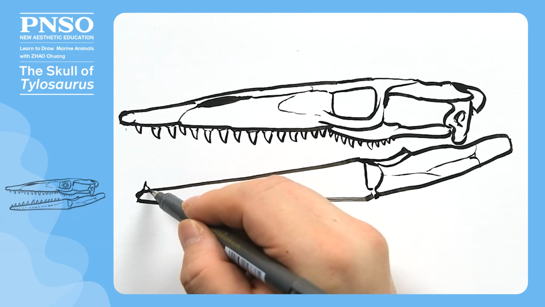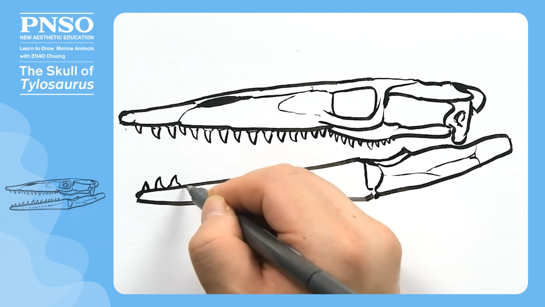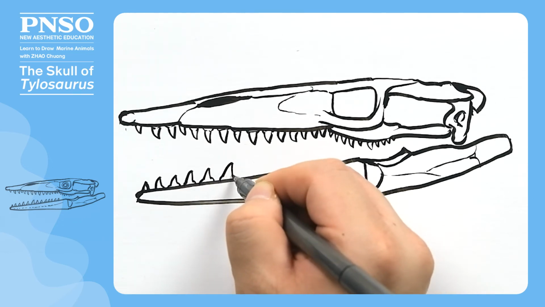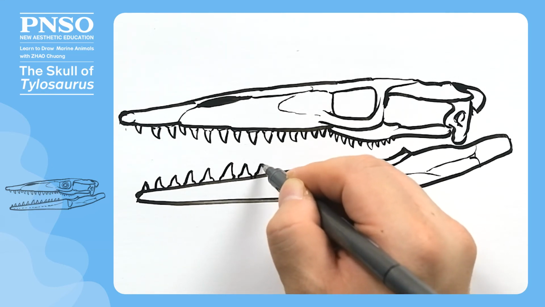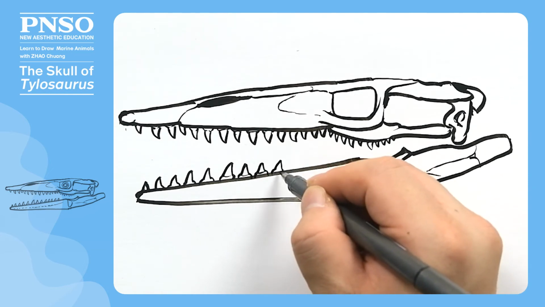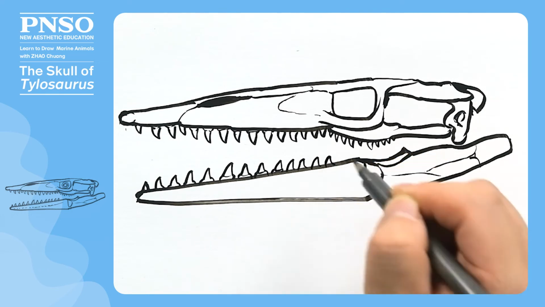There were a total of 13 teeth on the dentary. The middle one's larger, and the back one smaller.